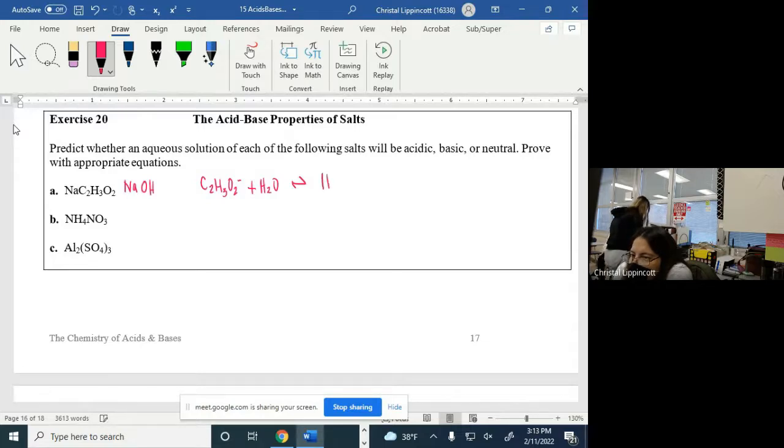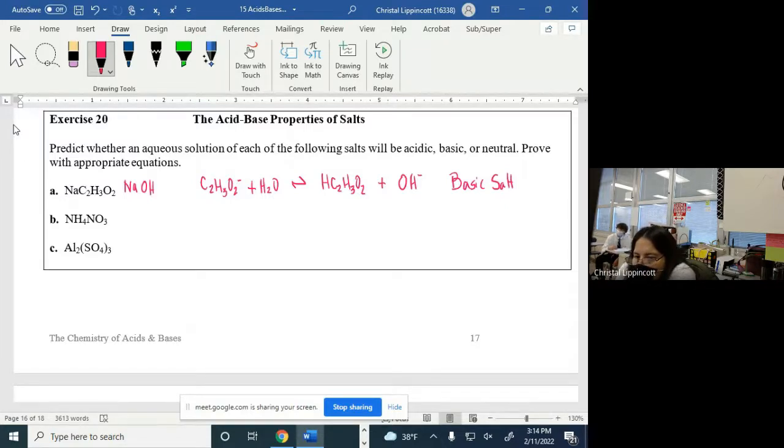He's going to end up grabbing a hold of the H from here, and he's going to increase the hydroxide concentration then. So this is a basic salt.